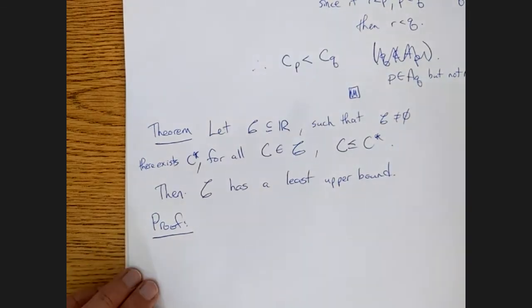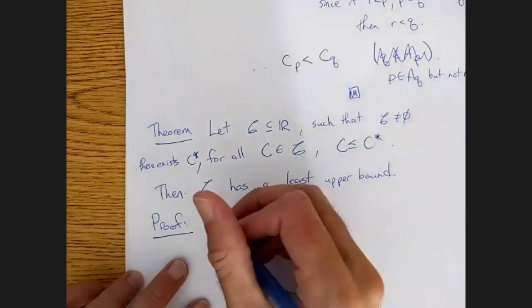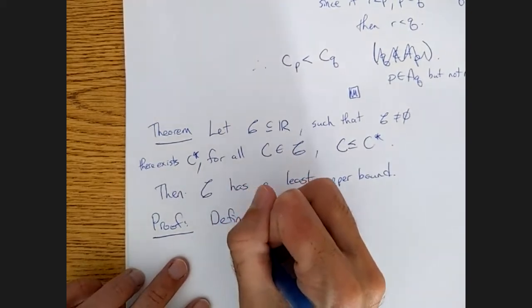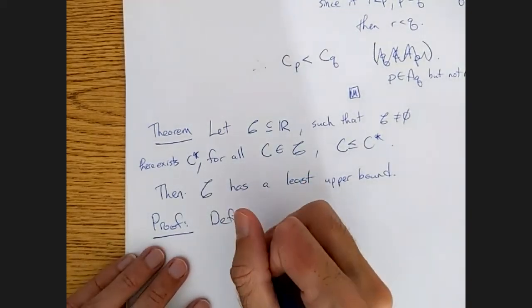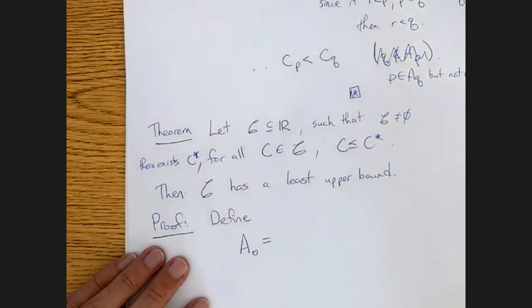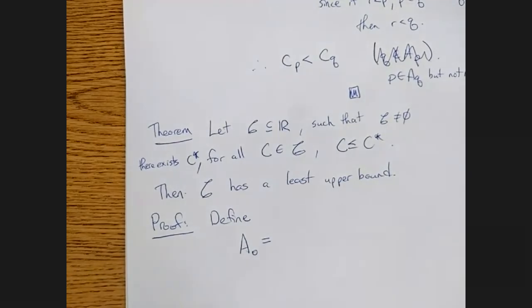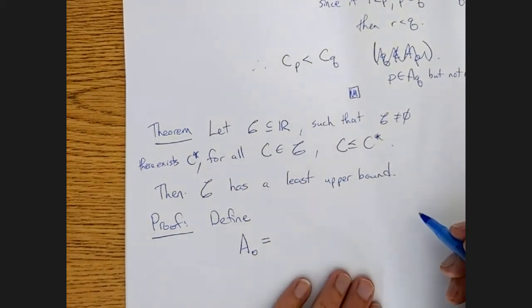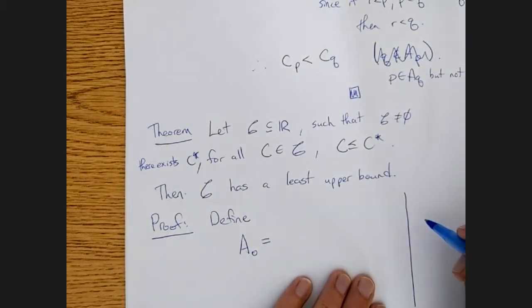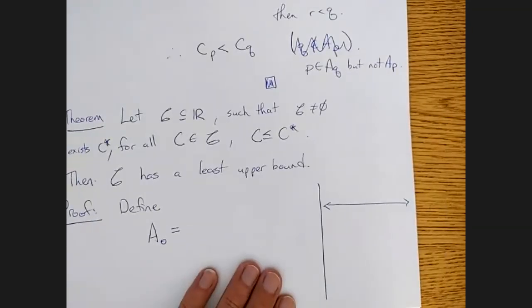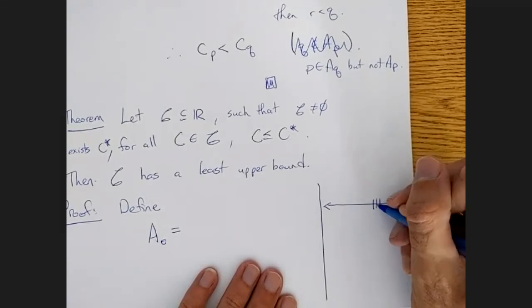So let's think about what it should be. We can try and draw a picture. We'd have a bunch of cuts in the rational numbers.